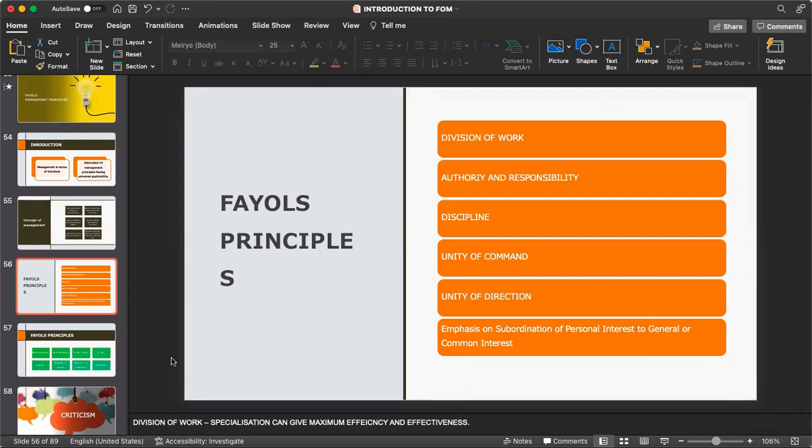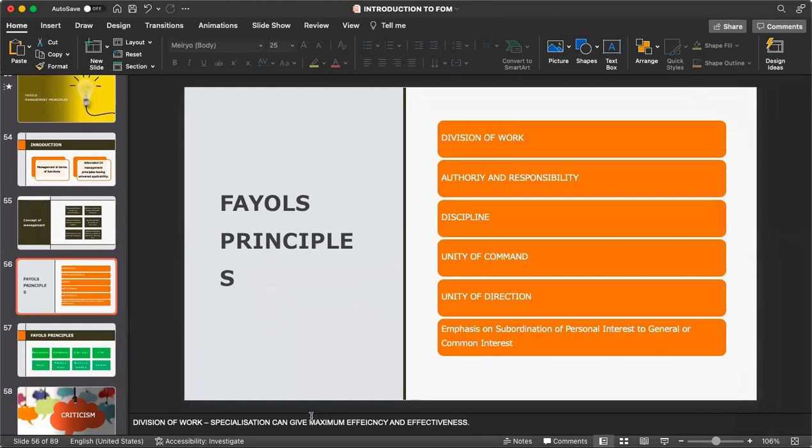Division of work should be done so that a person who is efficient and effective in a particular field is provided all such activities. Work should be divided among human resources based on their knowledge, experience, and effectiveness.